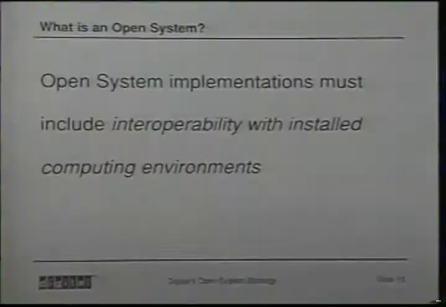I think it's also important to understand that open systems, like anything else that we're trying to sell in the industry today, have to take into account the existing installed base at a customer site. Despite the promise of open systems and how good they can be and what they can mean to a customer, it's still not good enough to convince a customer to throw away everything they've bought up till now. So we're talking about open systems having to include the interoperability with the customer's installed computing environment.